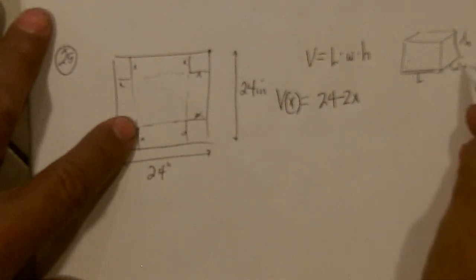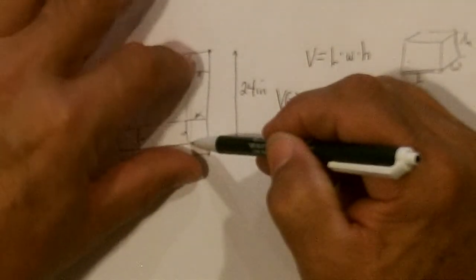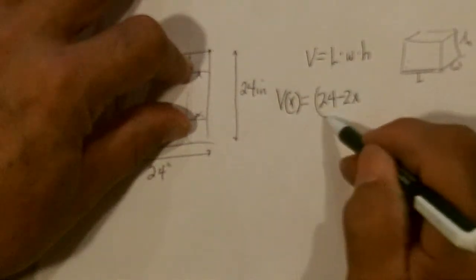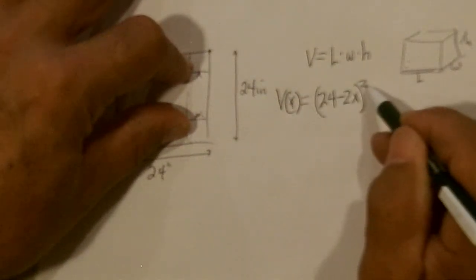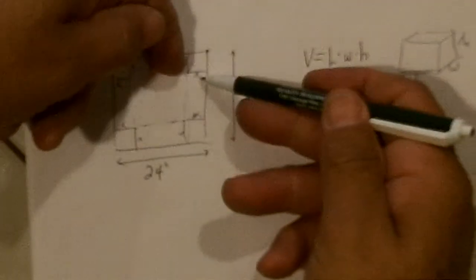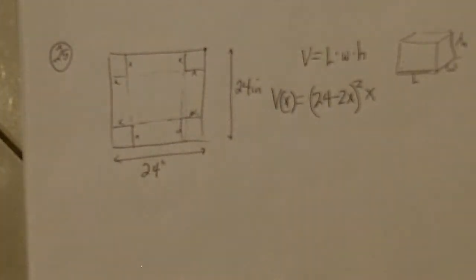The width is also 24 minus 2x, and I have to multiply it, so that would be just another one of these multiplied. And then the height will be how high this folds up to, which is just x high. So that would be the formula.